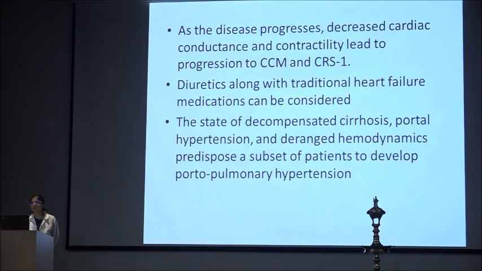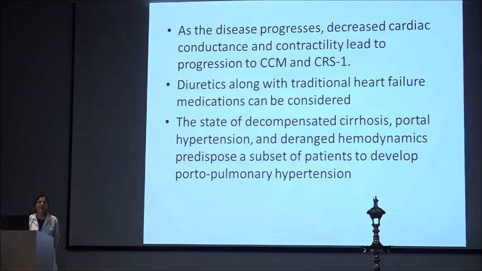As the disease progresses, there is decreased cardiac conductance and contractility, which leads to the progression to cirrhotic cardiomyopathy and cardiorenal syndrome type 1. Diuretics, along with the traditional heart failure medication, should be considered in these conditions.